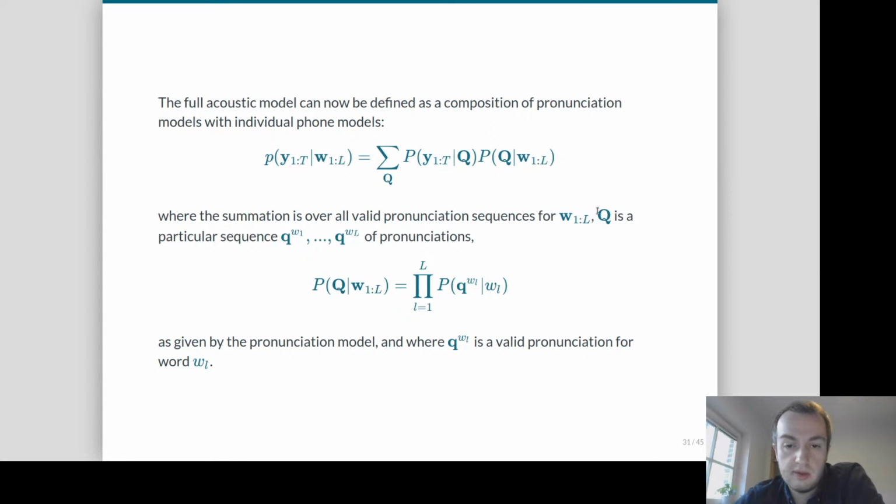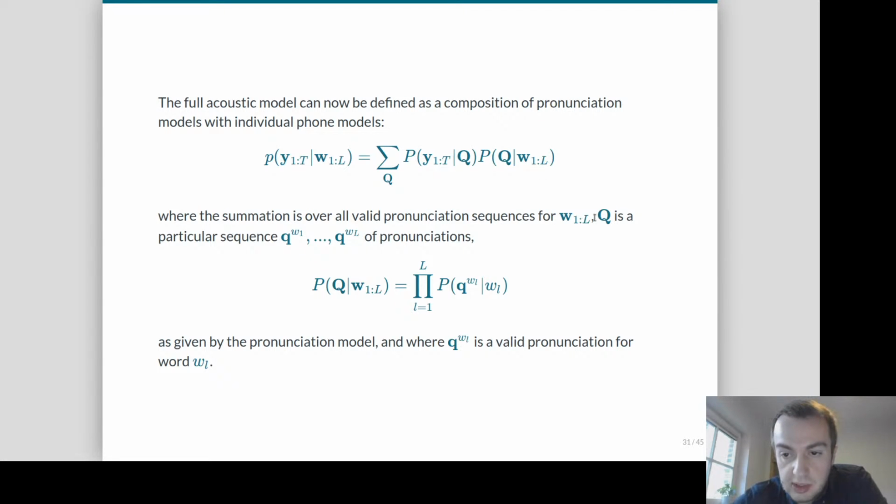Q is a sequence of pronunciations of the words. Because this is a sentence, you would have to enumerate and recombine all pronunciations for all words.